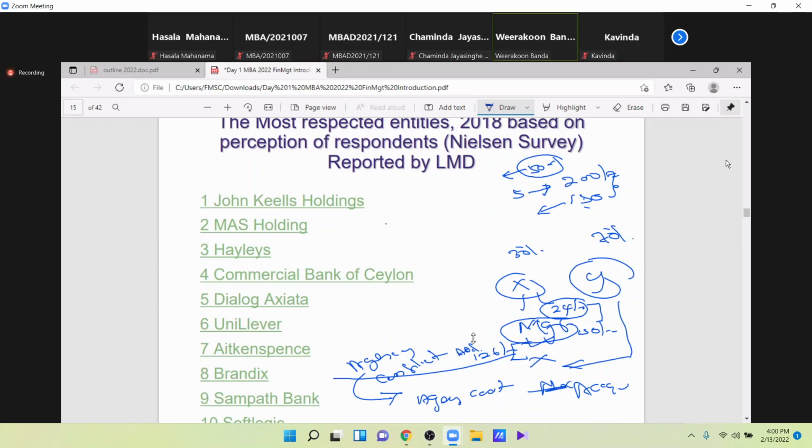Likewise, the agents have to act on behalf of the main shareholders. There are different complicated examples regarding this: agency conflict and agency cost.